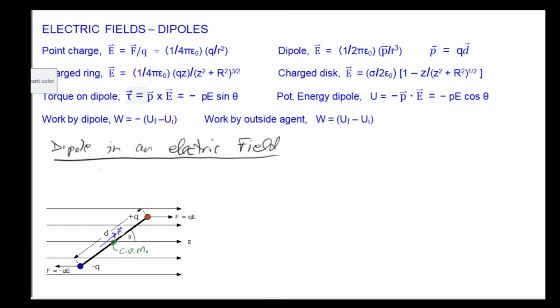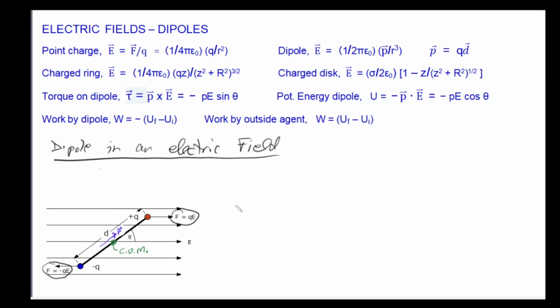Okay, now let's put a dipole in an electric field. So if you look at this diagram, you can see the negative and the positive charges in the electric field. It's at an angle theta. The dipole moment is shown there. The charges are a distance d apart, and the center of mass of the dipole is shown. So the electric field is exerting a force on both negative and positive charges.